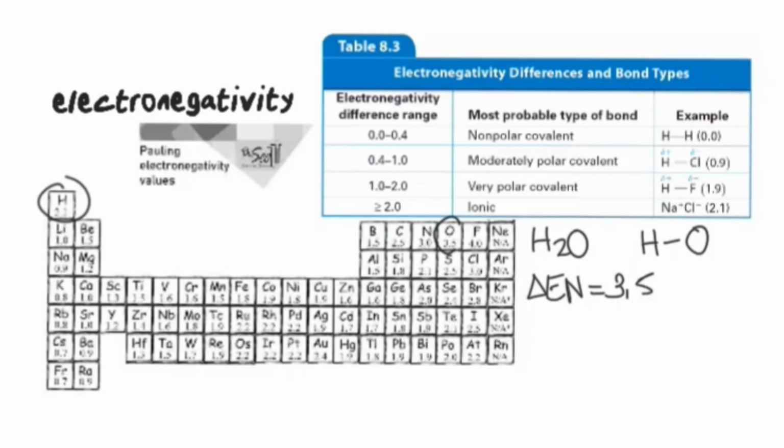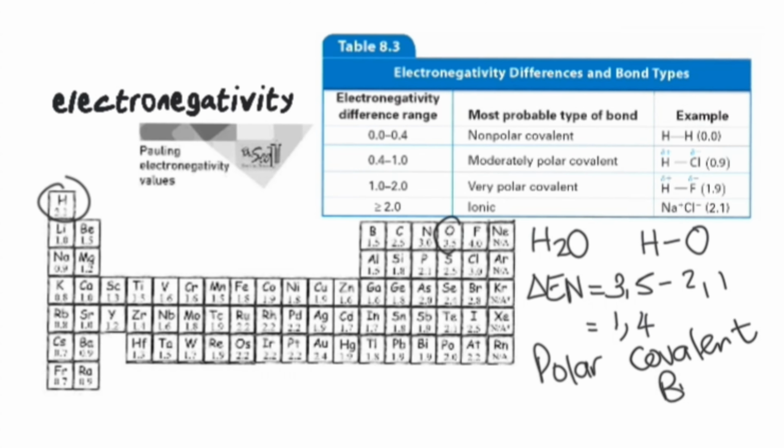So 3.5 minus 2.1, and that should give me a nice 1.4. Alright, so that would be a polar covalent bond because it falls in this range between more than 1 but less than 2.